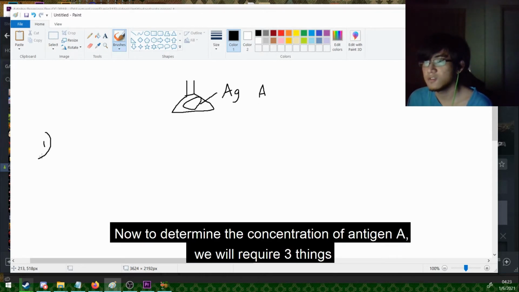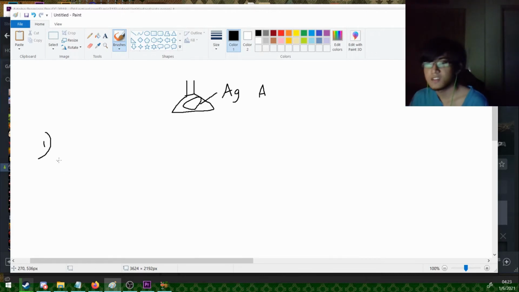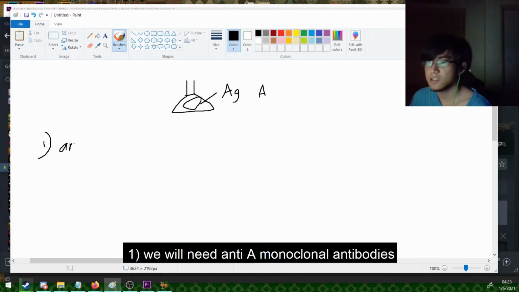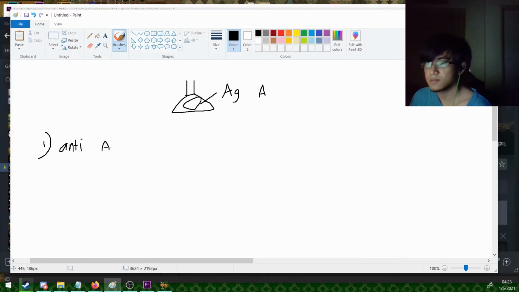Now, in order to determine the concentration of antigen A, we will require three things. First, we will need anti-A monoclonal antibodies.